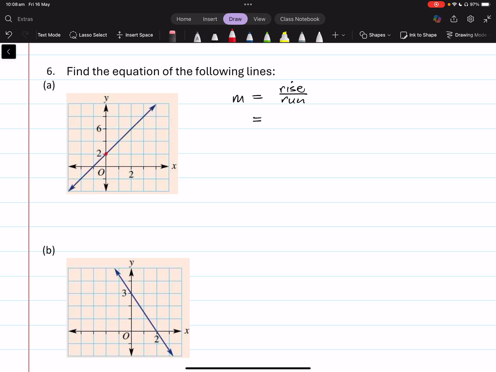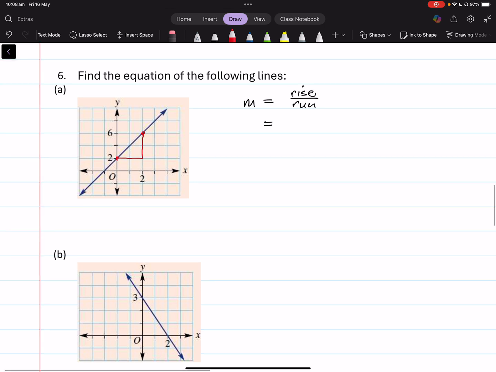If I pick the y-intercept as a starting point and I go across, say, 2 there and go up to this point, you'll notice that I've gone across 2 and I've gone up from 2 to 6. So I've gone up 4. So in our question, our rise is 4 divided by a run of 2, and so the gradient is 2.